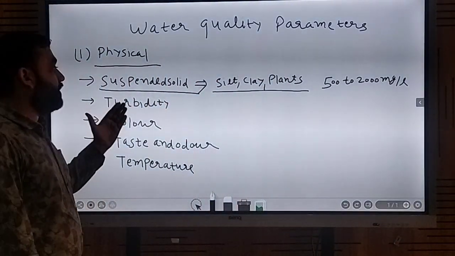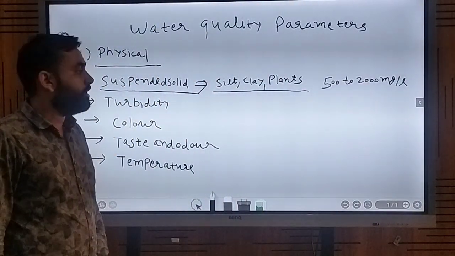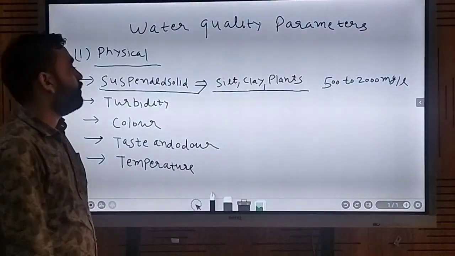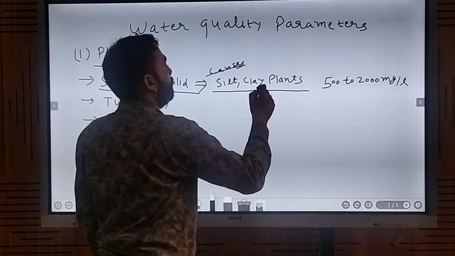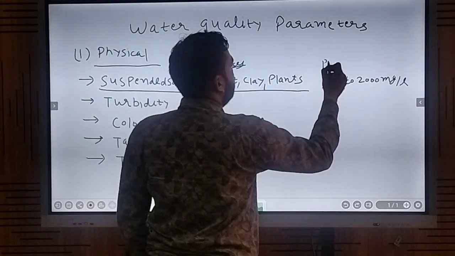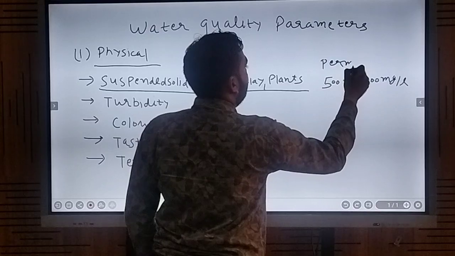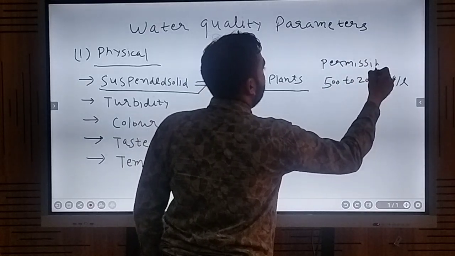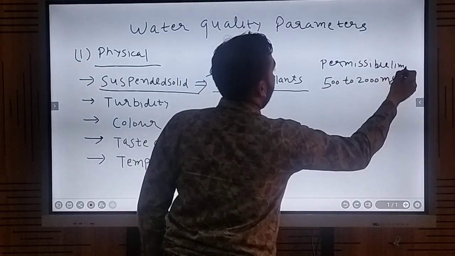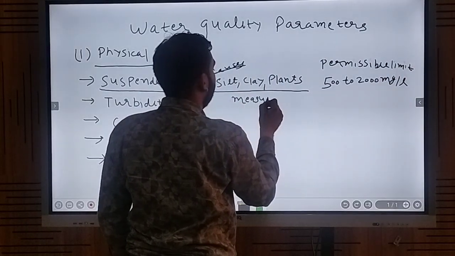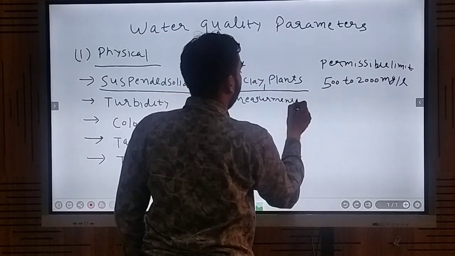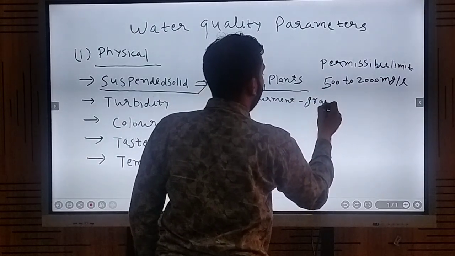So suspended solids are physical water quality parameters. We have seen causes of suspended solid, we know permissible limits, and measurement by gravimetric technique.